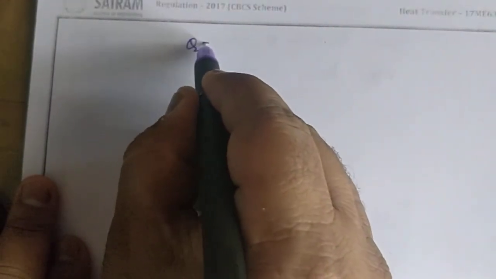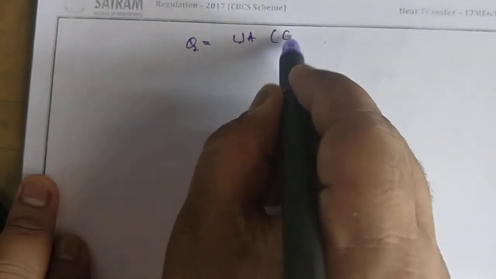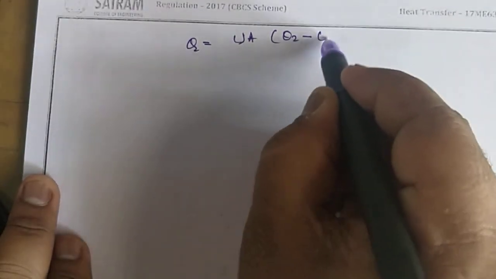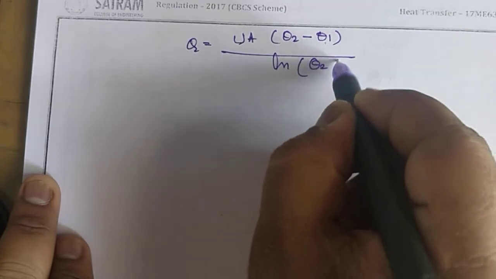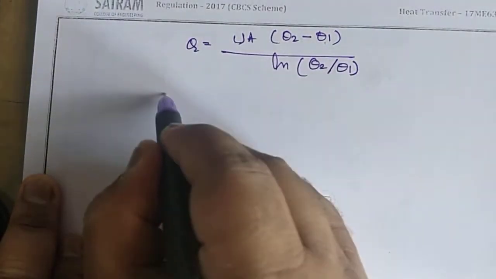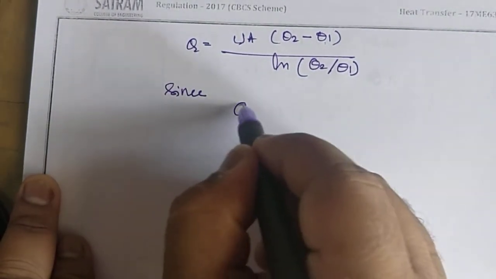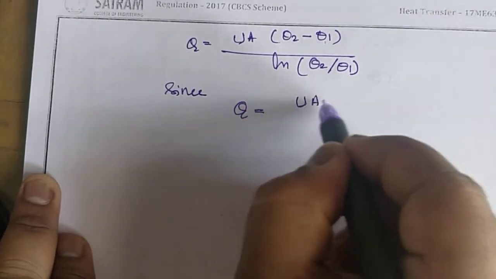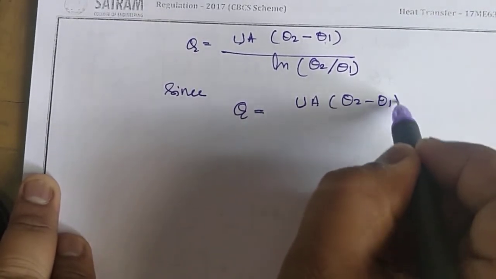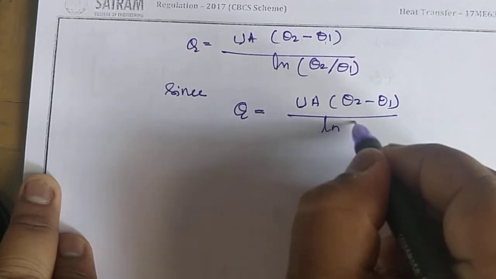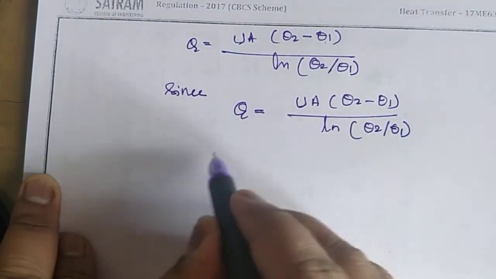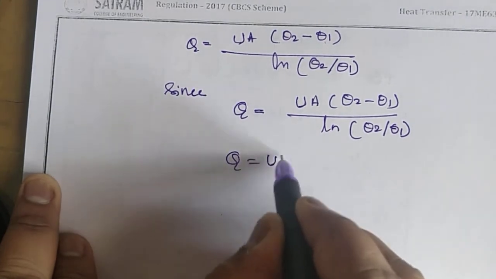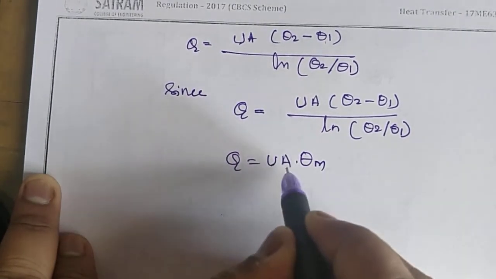We can write Q is equal to UA (theta 2 minus theta 1) divided by ln of theta 2 by theta 1. So you can write Q is equal to UA theta m.